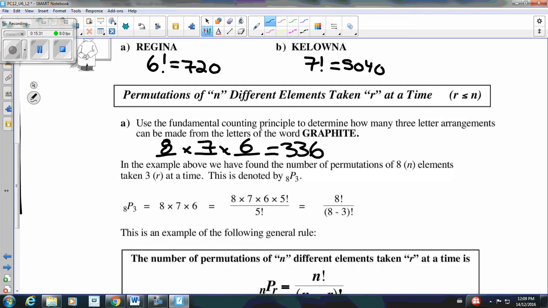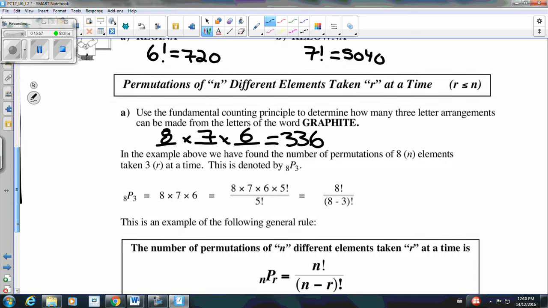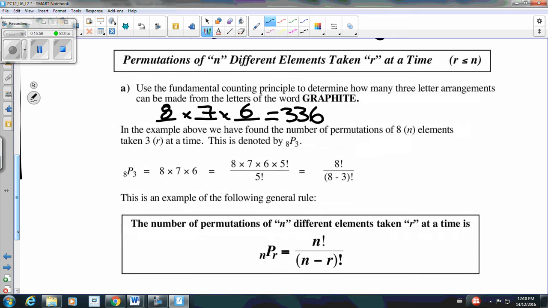I often say this is 8 place 3, because I know I have 8 choices and I need to place 3 of them. 8 place 3 equals 8 times 7 times 6, which is the same as 8 times 7 times 6 times 5 factorial, which equals 8 factorial over 8 minus 3 factorial. This is a formula for it, and it is on your formula sheet, so you don't need to memorize this.